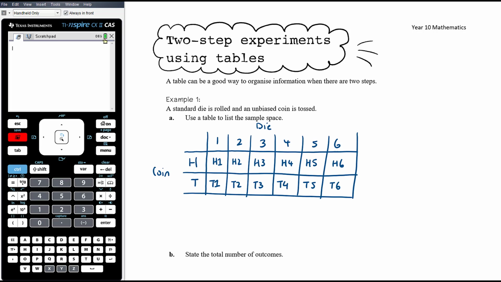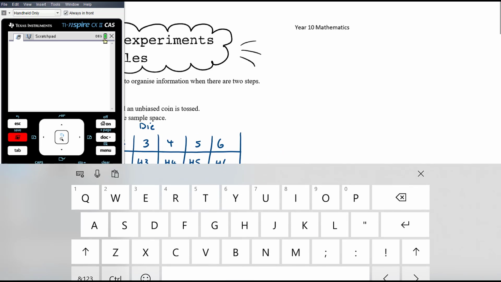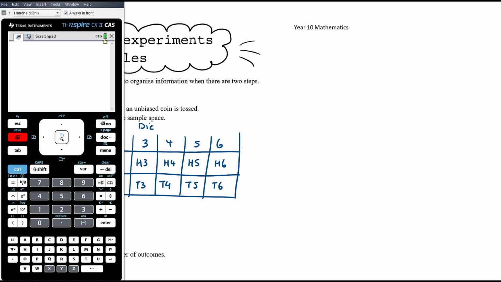Really, actually filling out the cells in that table is pretty tedious and unnecessary. And to that end, sometimes we would use something called a lattice diagram in place of this. We would say, okay, we've got head or tail, and then we've got 1, 2, 3, 4, 5, or 6.